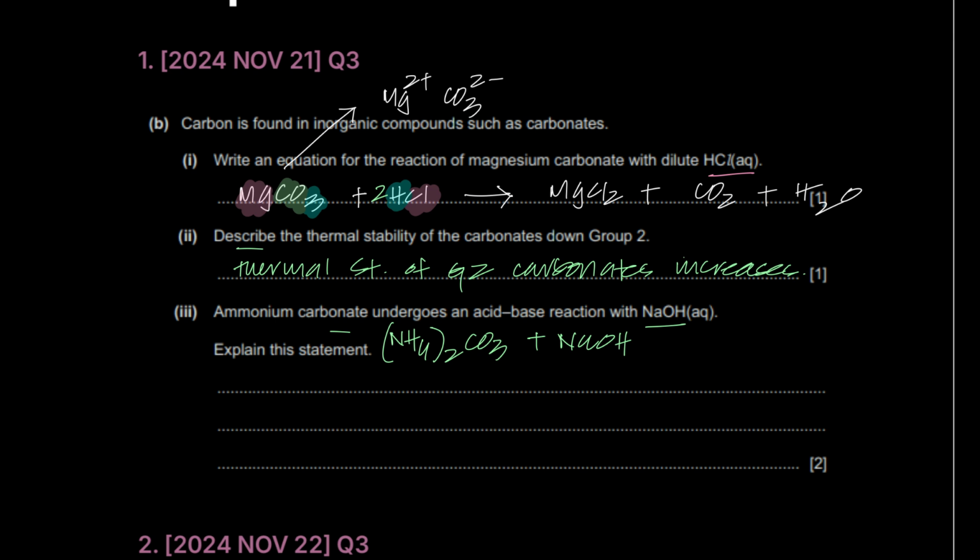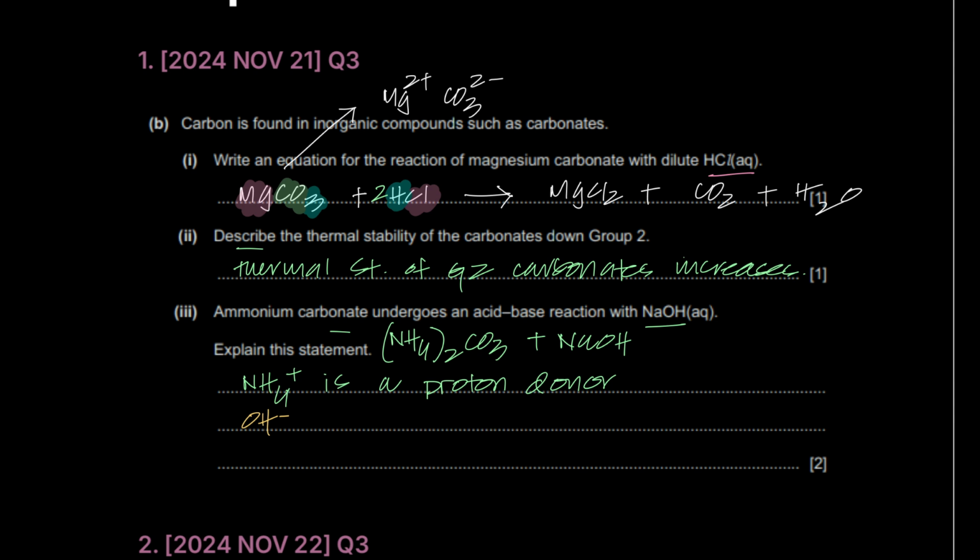So I'll tell the examiner, hey, I'm going to explain it to you. Basically, examiner, the ammonium ion is a proton donor, and that's why this reaction takes place. Effectively the reaction that is taking place is between the ammonium ion and the OH minus ion. The ammonium ion donates a proton, and OH minus accepts the proton and forms H2O.